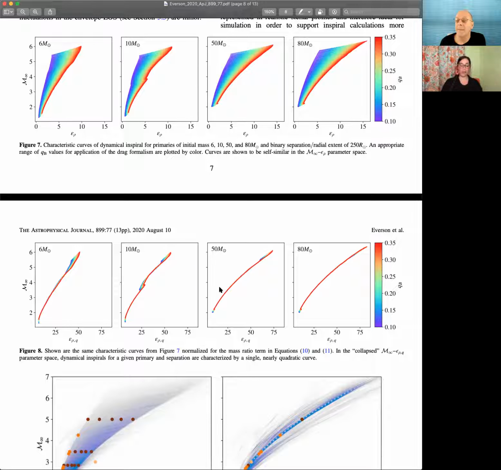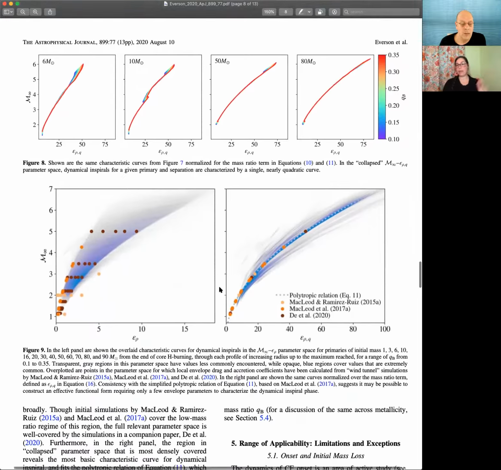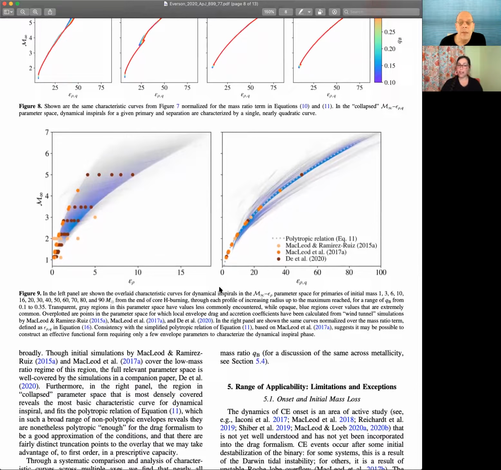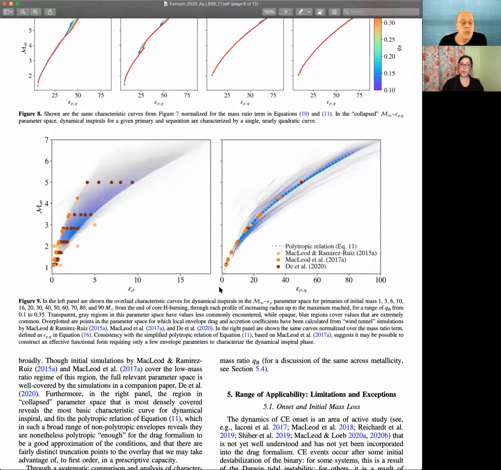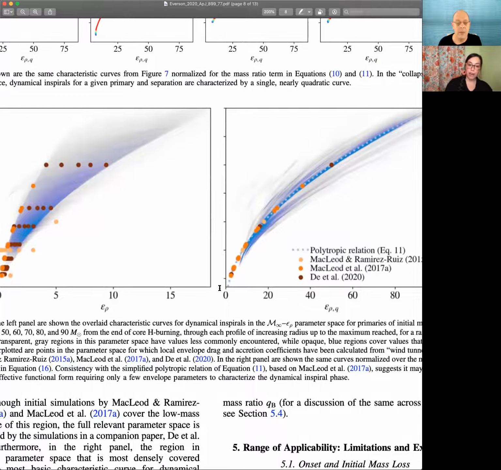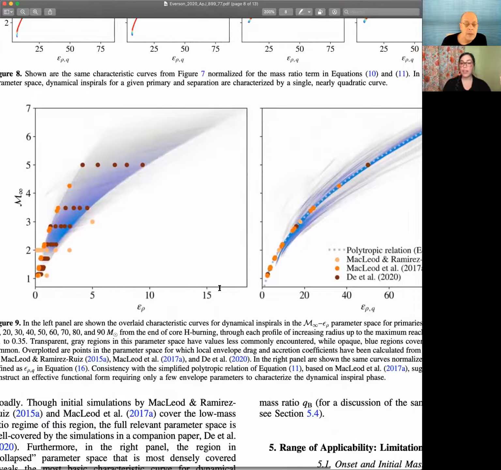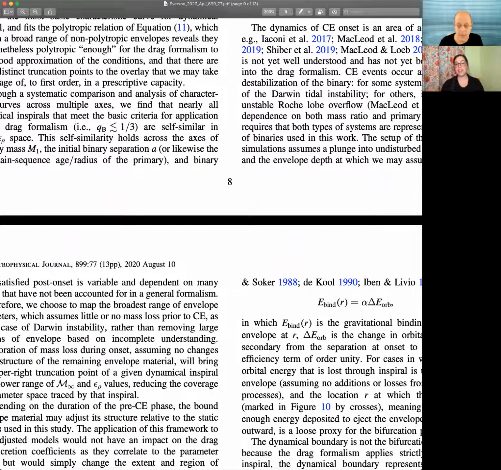So I said, okay, what if I look at everything I've got in these two ways? So what we see in figure 9 is 50,000 stellar profiles in these two parameter space panels. On the left, we've got Mach against epsilon rho. And on the right, we've got Mach against epsilon rho q.